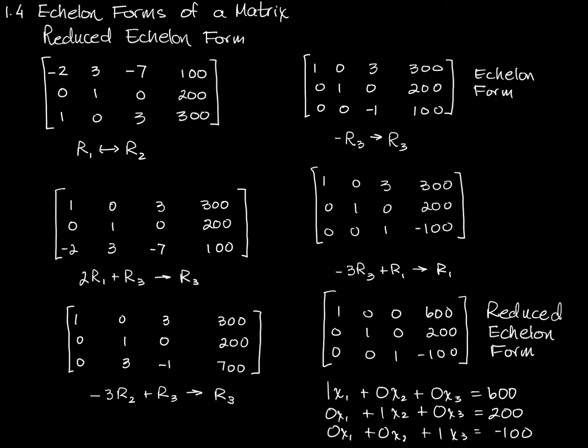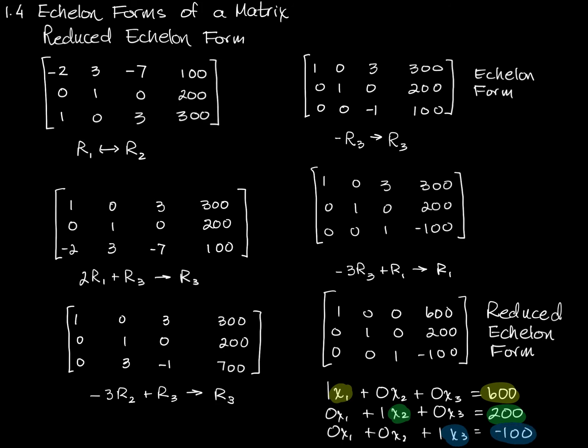That's overkill as far as notation is concerned. All we really care about is the fact that when I simplify this as much as I can, I see that x1 is 600 and x2, because the rest are zeros, is equal to 200 and x3 is equal to negative 100.